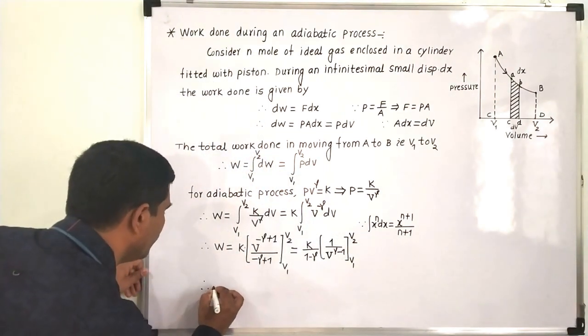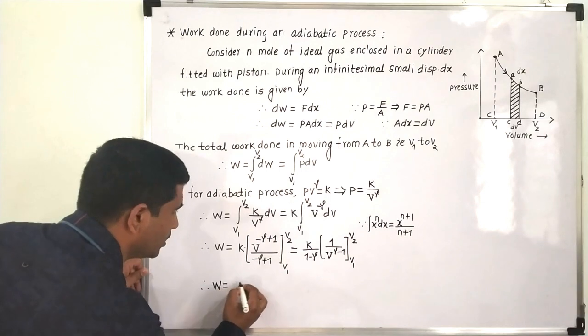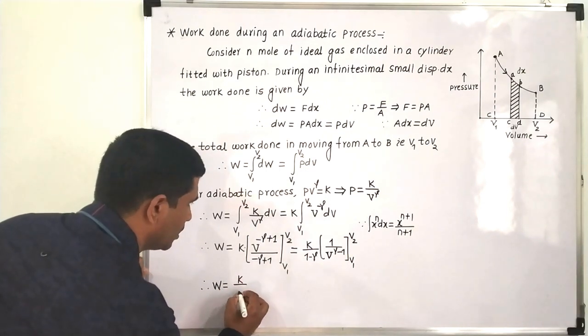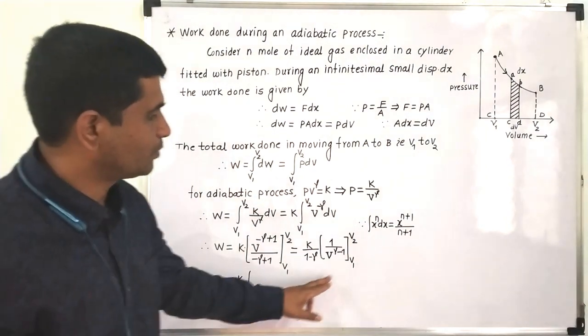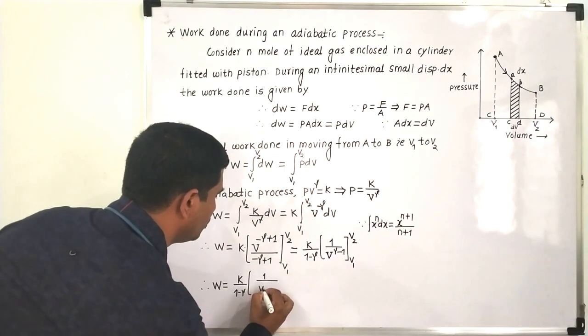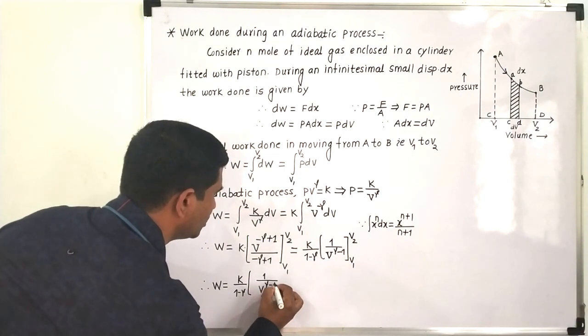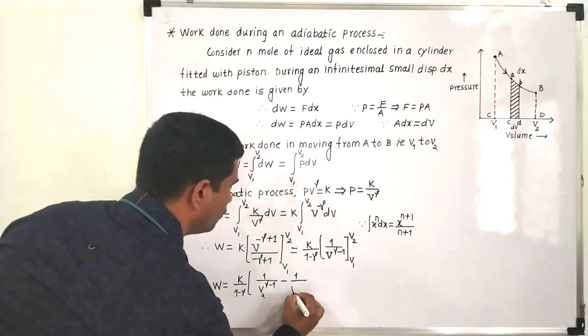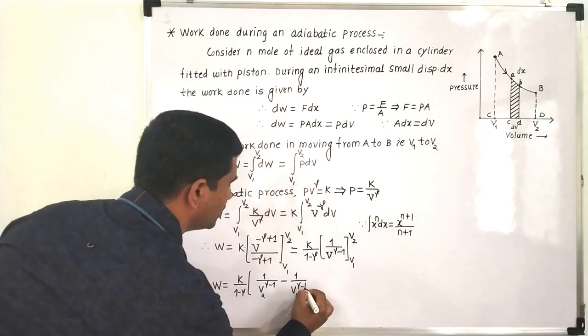For this, we will first calculate the value. It is k upon 1 minus gamma, k in bracket 1 minus gamma. First we substitute the upper limit, which is 1 upon v2 raised to gamma minus 1, minus the lower limit, which is 1 upon v1 raised to gamma minus 1.